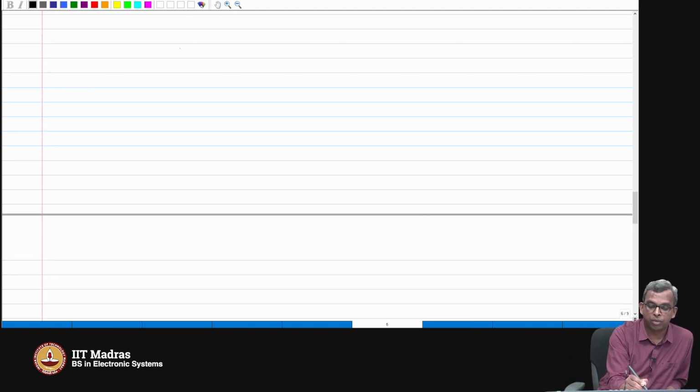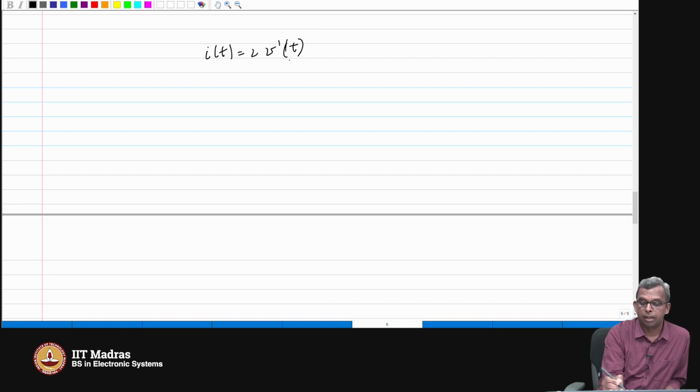So, in this problem you are given I(t) is 2v'(t), and the form of I(t) is e^(-t), and you have to find v(t). So, in this case v'(t) becomes 1/2 e^(-t). So, this is the formula.